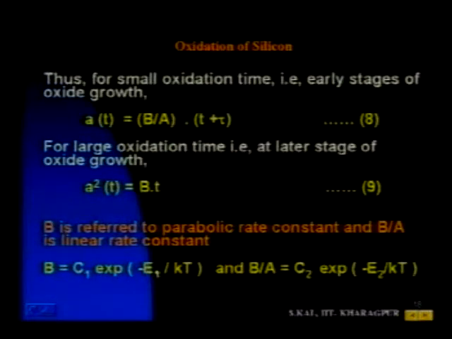And the B and B by A values are given by these equations. B equal to C1 exponential minus E1 by kT and B by A equal to C2 exponential minus E2 by kT. This k is the Boltzmann's constant and capital T is the temperature. C1, C2 are constants and E1 and E2 are activation energies. Roughly, B and B by A are obtained from these two relations.